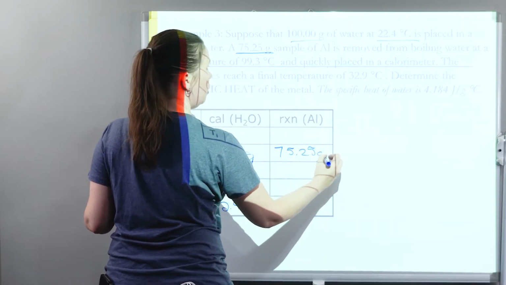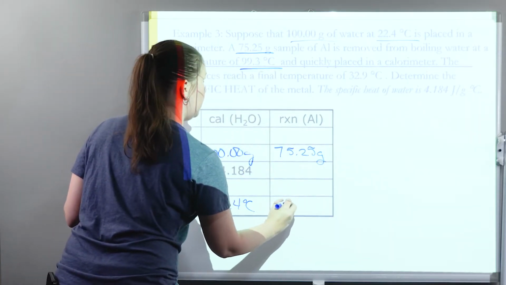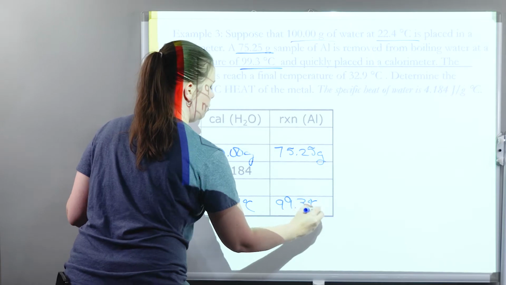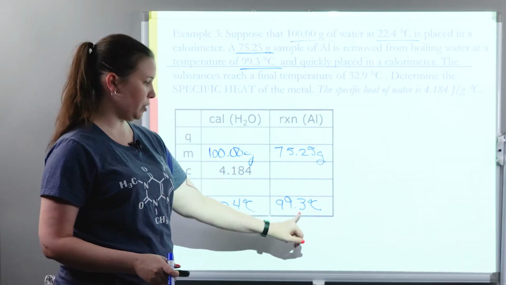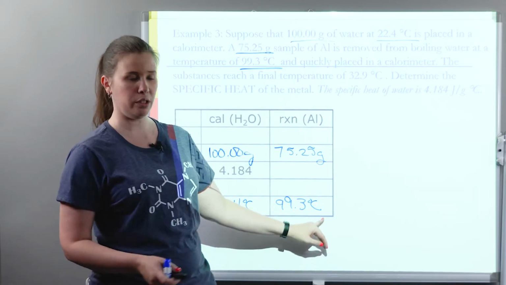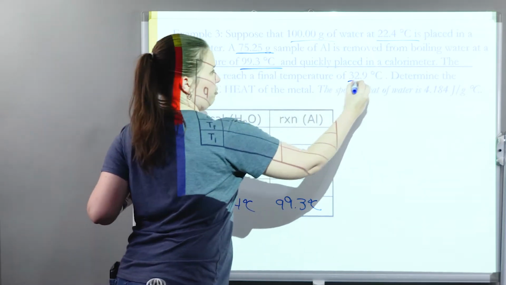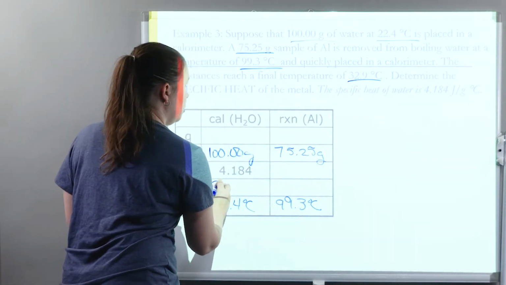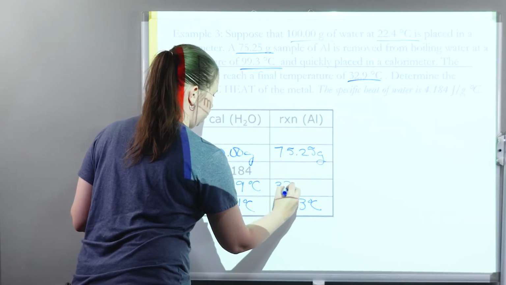We have the initial temperature of the metal as the 99.3 degrees Celsius. In your experiment, make sure that you actually find the temperature, because it's not going to be 100 on the nose. It's going to be close to 100. Water is supposed to boil at 100 degrees Celsius, but measure what it actually is. And then we've got our final temperature of the 32.9 degrees Celsius.